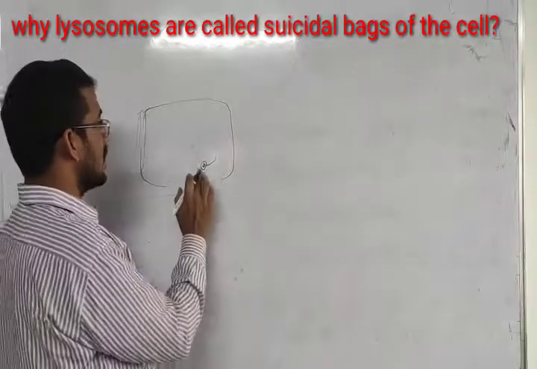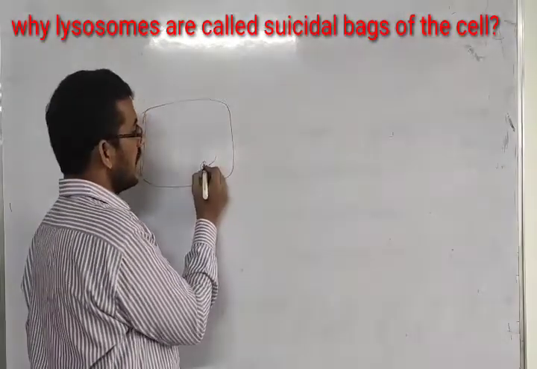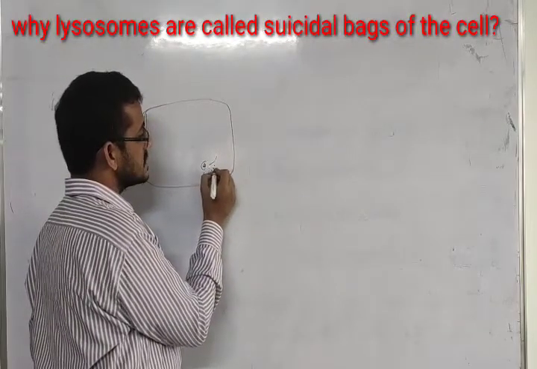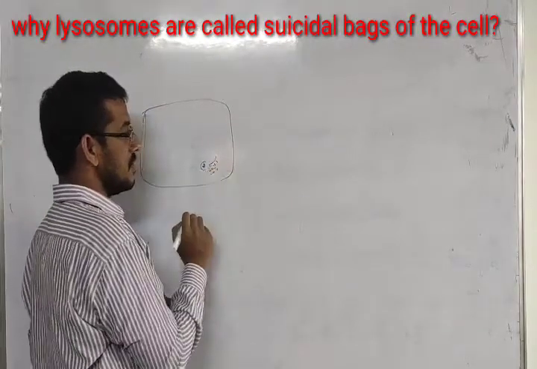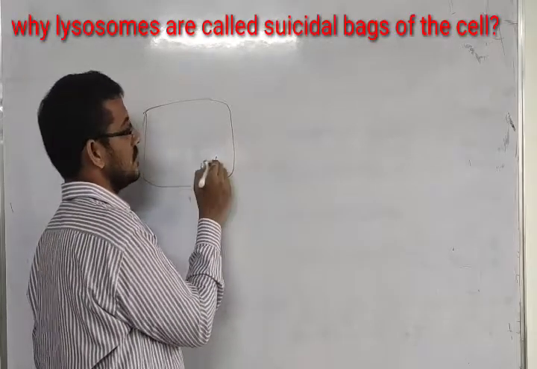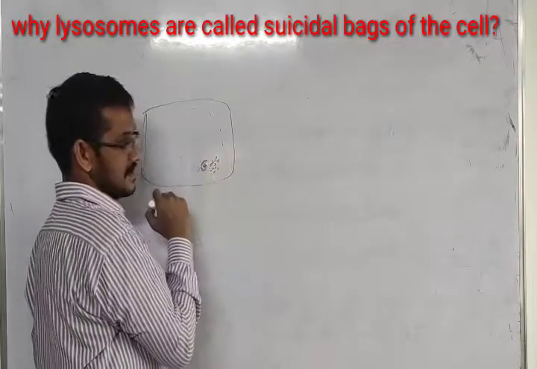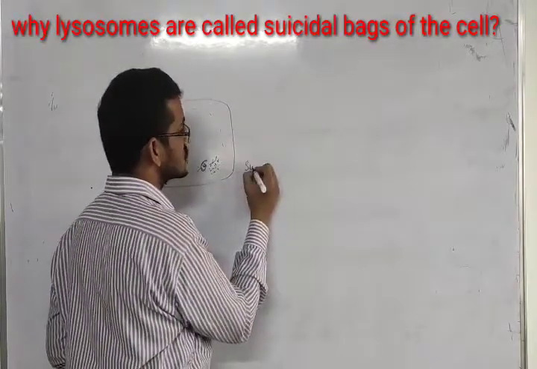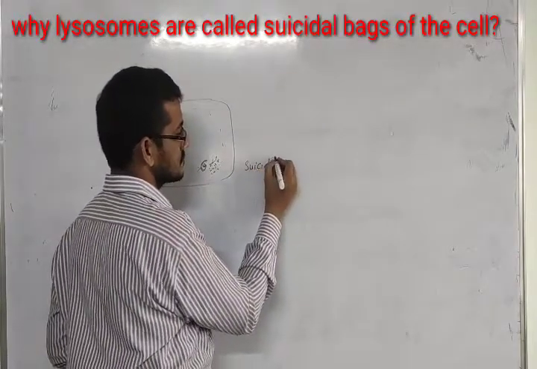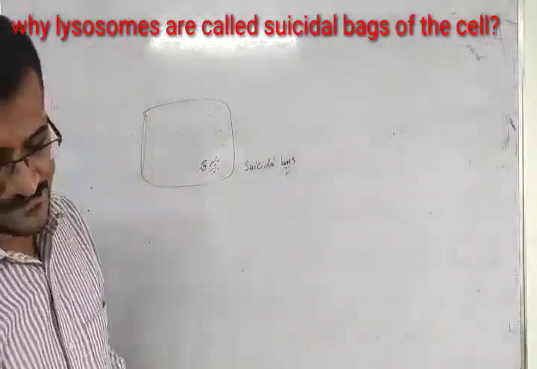But sometimes these lysosomes will break open, and when it breaks, all the destructive enzymes will come out. These destructive enzymes not only destroy this lysosome, but destroy the complete cell. That's why it is called the suicidal bag of the cell.